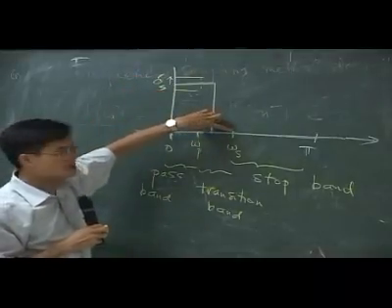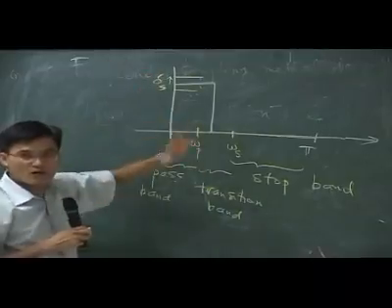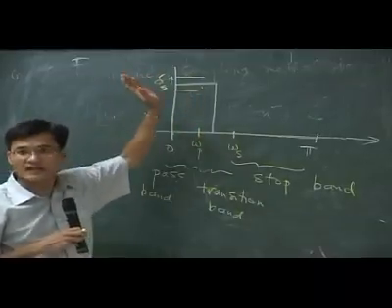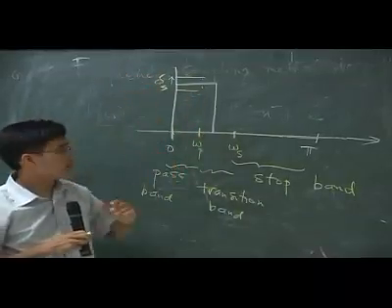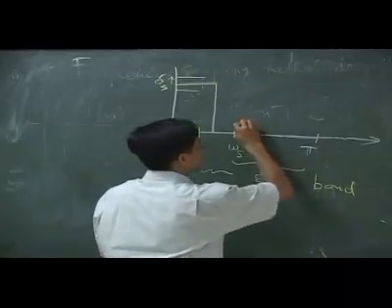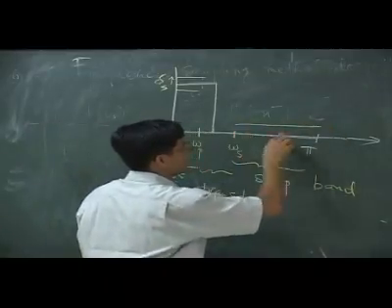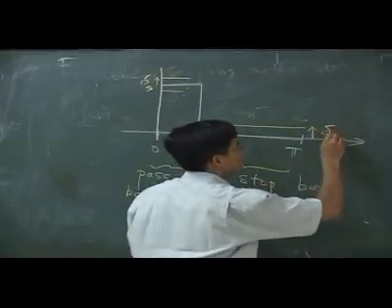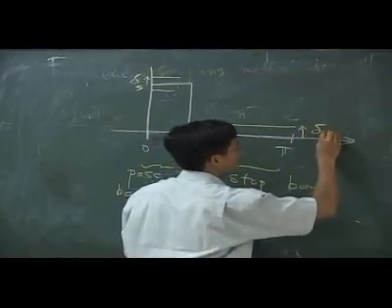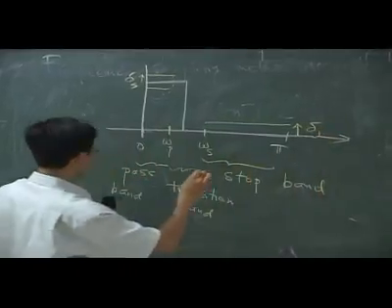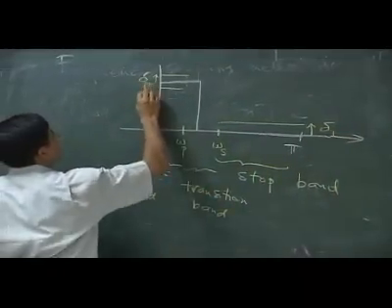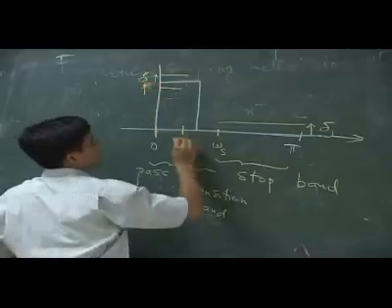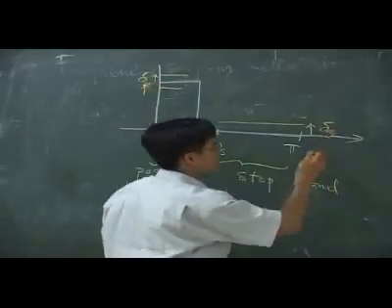In the transition band, because there's like no man's land, I don't care. I let go whatever I like. And in this band here, I want it to be kind of above certain level. So that is delta P. No, I got everything upside down. It is delta P, and it is delta S.